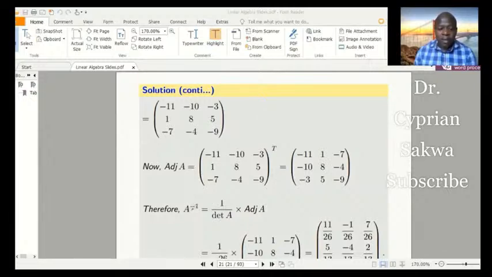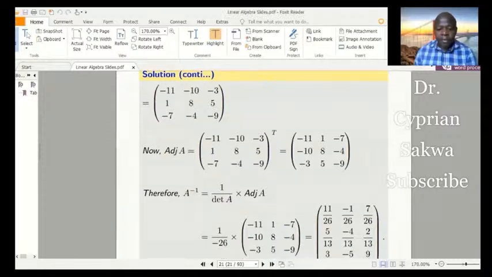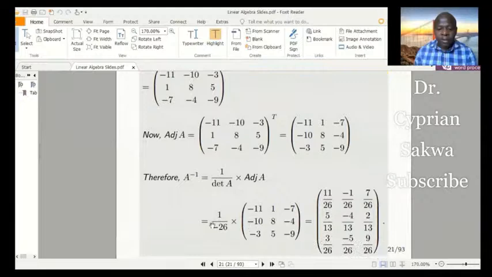So the inverse of A is 1 over the determinant of A times the adjoint of A. And you had already found the determinant of A as -26. So the inverse of A becomes this.